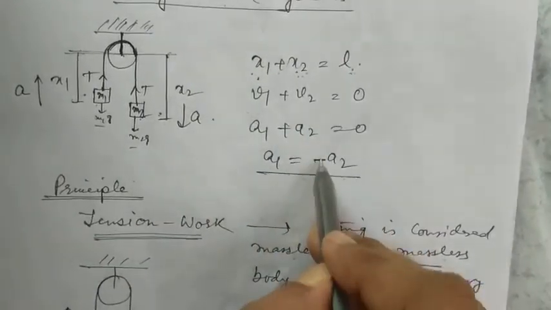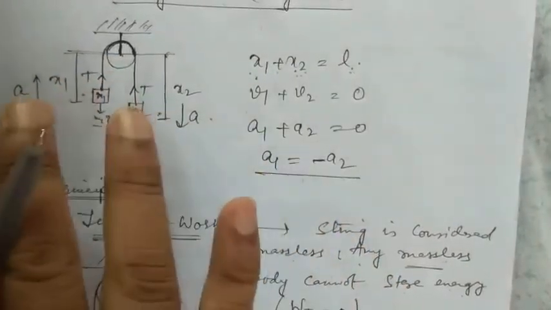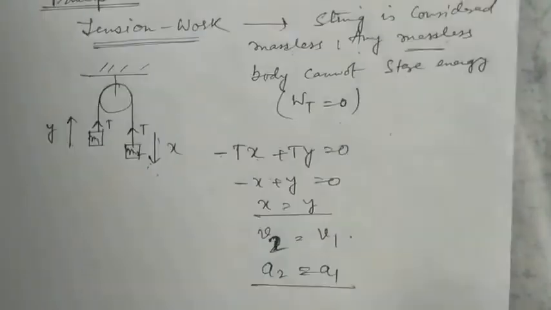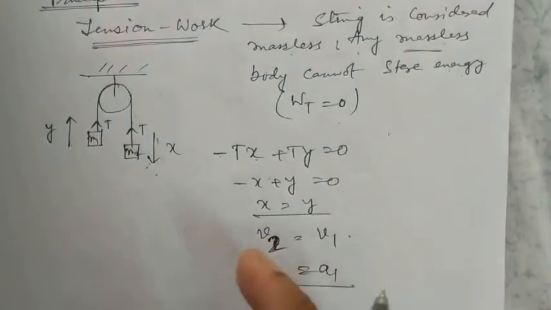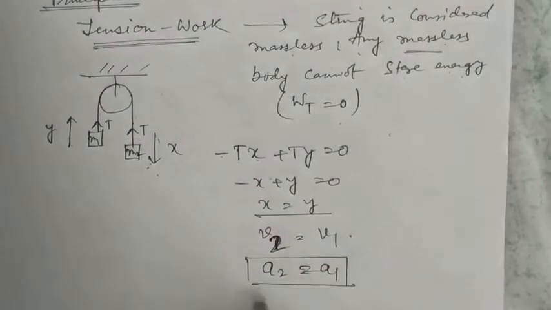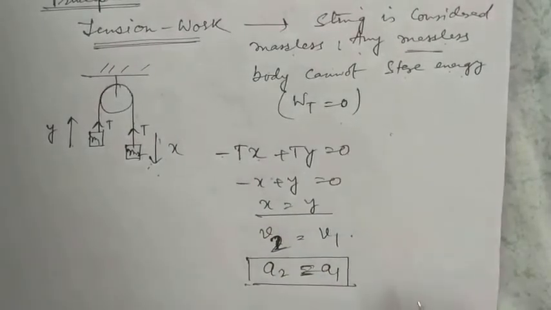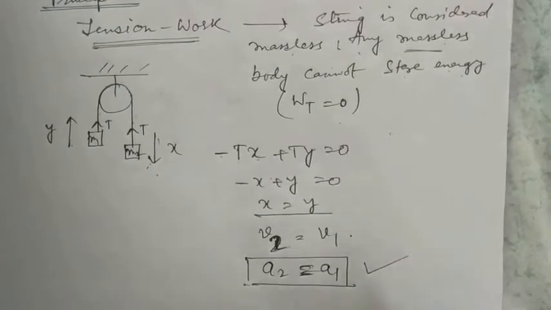So that negative sign indicates that the accelerations are in opposite directions, but here we have already considered the fact that the accelerations are in opposite directions, so the relation comes the same but with a positive sign. The magnitudes are the same.